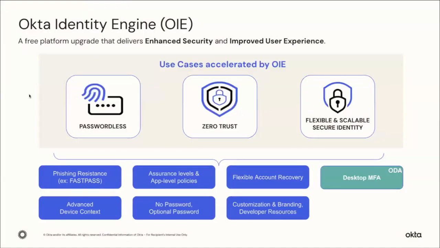Just to set the stage, this is now, I think, the fourth in our series of OIE meetups. In the previous three, we've talked about use cases that are addressed by Okta Identity Engine, the use cases that can be accelerated by OIE, and a number of the underlying features that support those use cases.